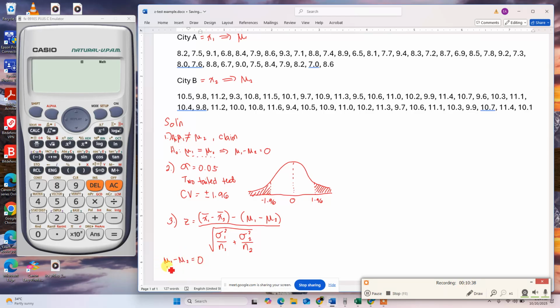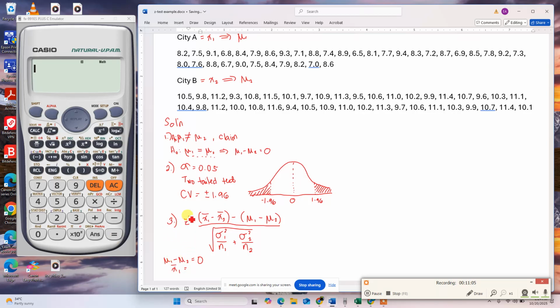Next, what we're going to look for is the sample mean of the CTA. Now, what we're going to do here is use the calculator. Previously, I asked that your calculator should be with you when we discuss the topic, so I am assuming that you have your calculator now.